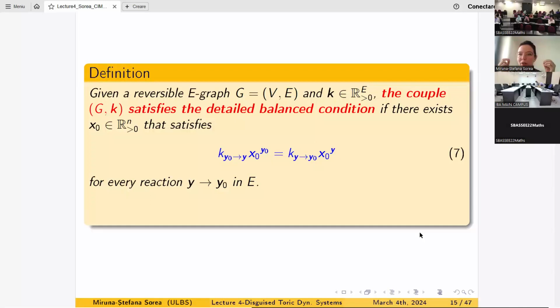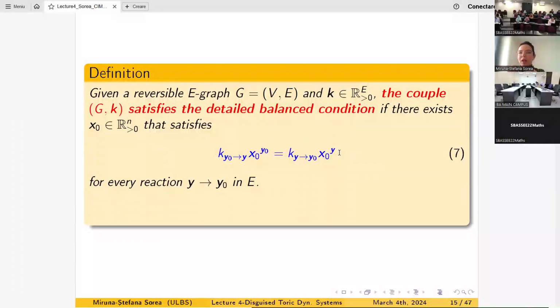So if you have any two vertices that are connected by a directed edge, by definition, if the graph is reversible, you also have the reverse edge connected. And now we say that such a graph, decorated with its parameters, satisfies the detailed balance condition if we have a different balancing, namely by pairs of reactions.